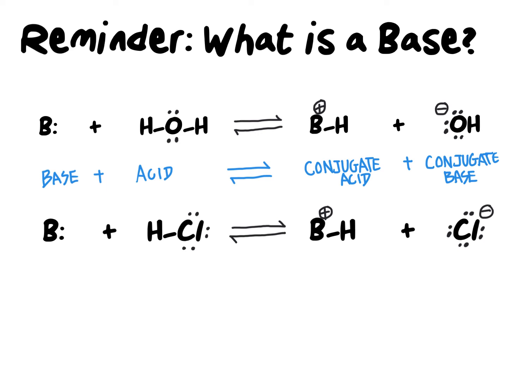What will happen when you mix water with a base, such as ammonia, is that the lone pair electrons from ammonia or an amine or whatever base we're dealing with will come over. They will grab a proton or steal a proton from water, which acts as the acid, the proton donor. That will force the bond between hydrogen and oxygen to break, and the electrons of that covalent bond have to go somewhere.